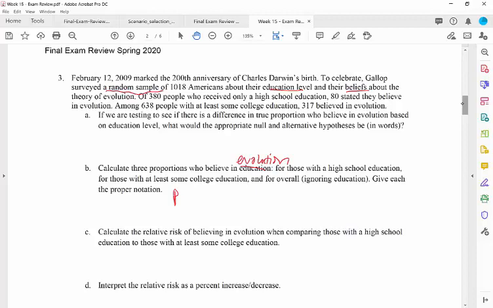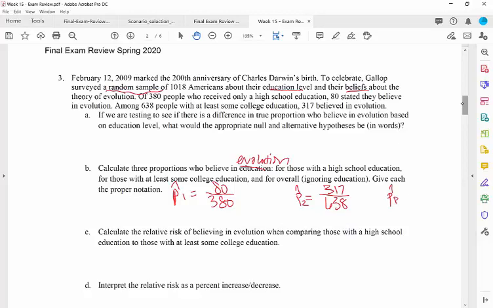So the p hat 1 for our high school group, 380 is the sample size and 80 is who said they believed in evolution. And then p hat 2 for our group with some college education, 638, so we'd take the 317 divided by 638.